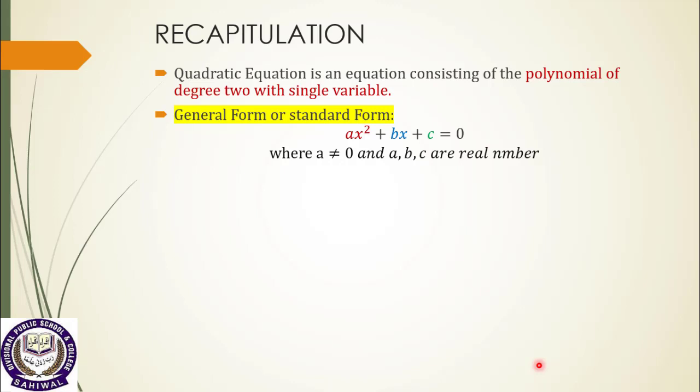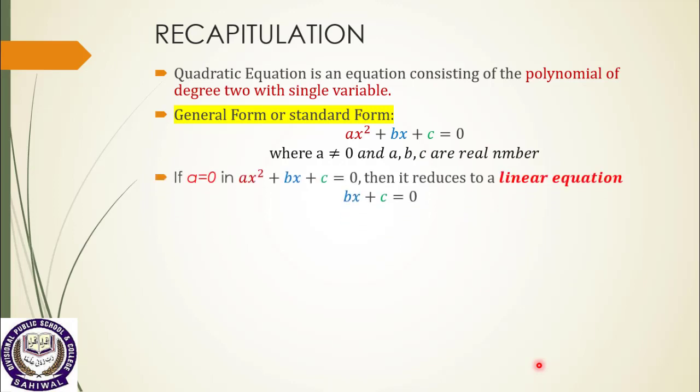In this equation, a should not be equal to 0 and a, b, c are real numbers. If we put a equal to 0 in this quadratic equation, then it reduces to a linear equation, bx plus c equal to 0.